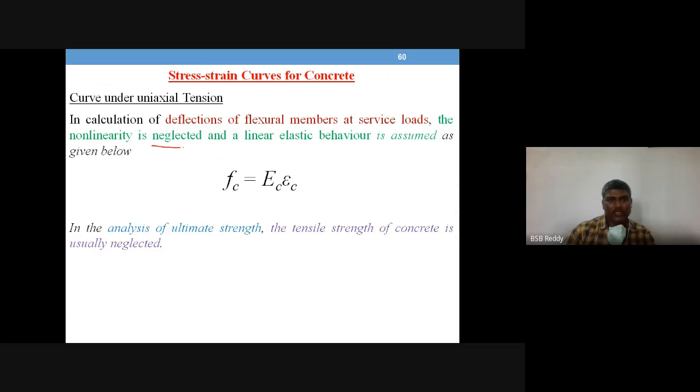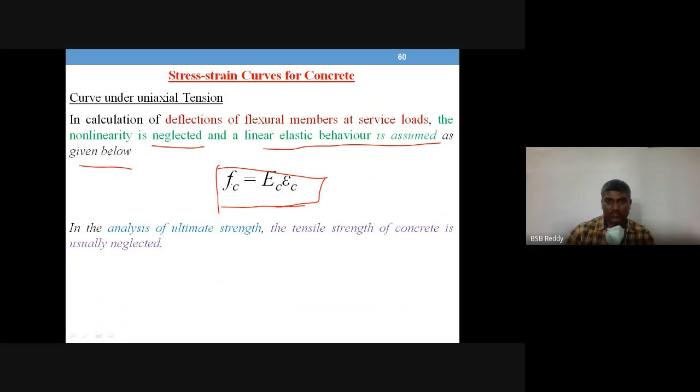The non-linearity is neglected and a linear elastic behavior is assumed as given below. The tensile strength of concrete is almost zero, but just for the sake of analysis, for uniaxial tension you can have a simple linear equation.